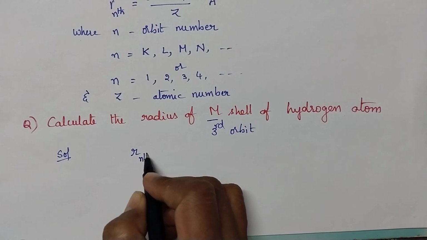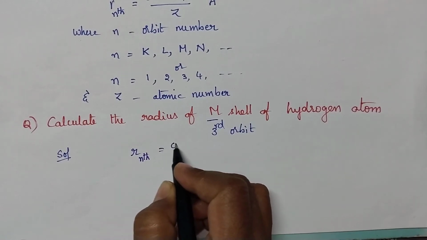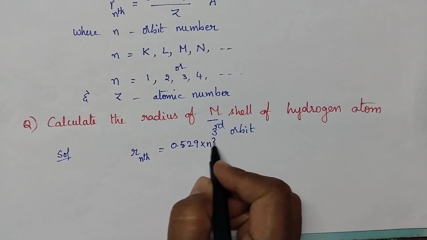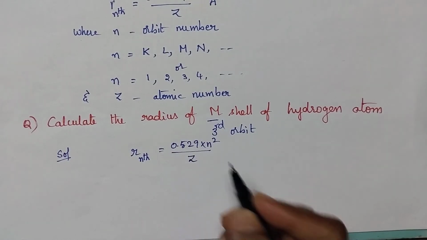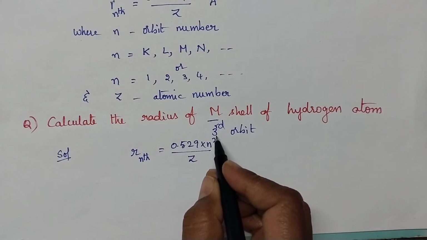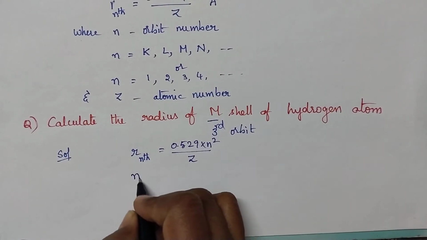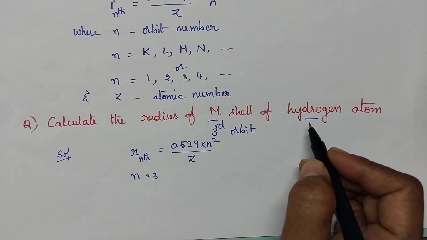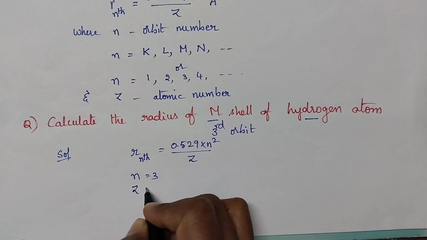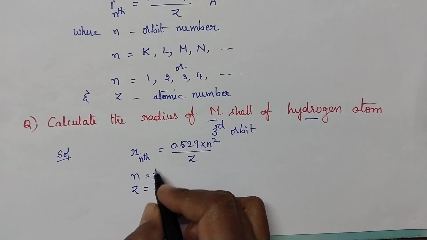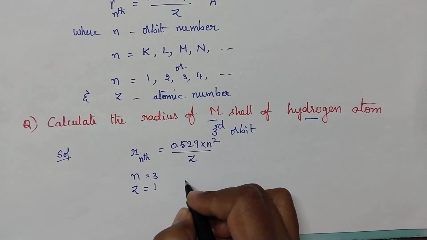That is equal to 0.529 into n square by Z. Here the value of n is 3, and here the atom is hydrogen atom, and what is its atomic number? 1. Substitute these values in the above equation.